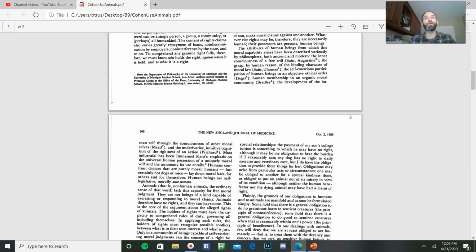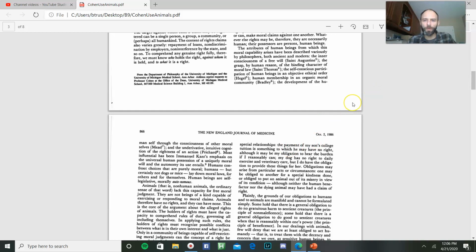Our rationality is being able to figure out complex means to ends, and also being able to figure out if the means that we take to get to our ends are morally permissible, so if they're universalizable. And then our autonomy is the ability to be motivated by explicitly moral reasons, to be motivated by a consideration of what the right thing to do is, and to have that motivate our actions.